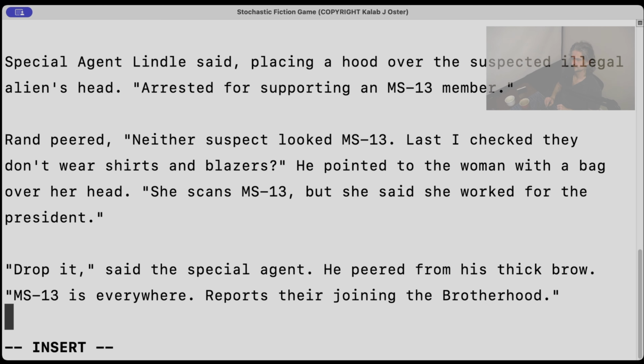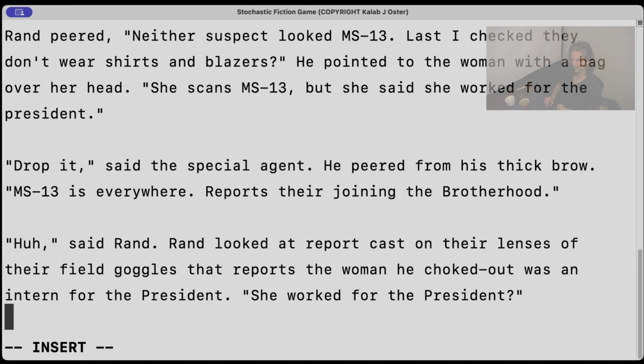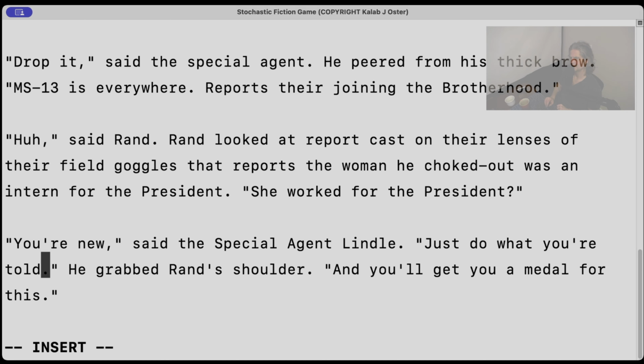"Drop it," said the special agent. He peered from his thick brow. "MS-13 is everywhere. Reports here, they're joining the Brotherhood." "Huh?" said Rand. Rand looked at the report cast on the lenses of their goggles. That reported the woman he choked out was an intern for the president. She worked for the president. "You're new," said the special agent. "Just do what you're told." He grabbed Rand's shoulder. "And you'll get a medal for this."